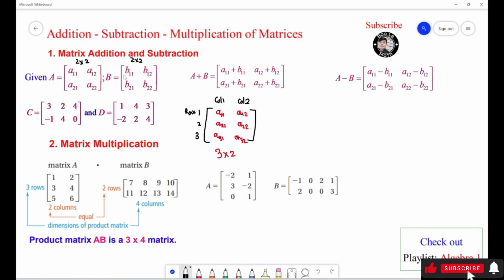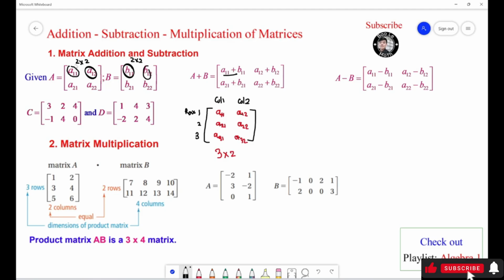Since this matrix and this matrix both have dimension 2 by 2, you just add the corresponding elements. So A11 and B11, you add them up, and it goes right here. A12, B12, you add them up, it goes right here. Similar for subtraction, it looks like this.